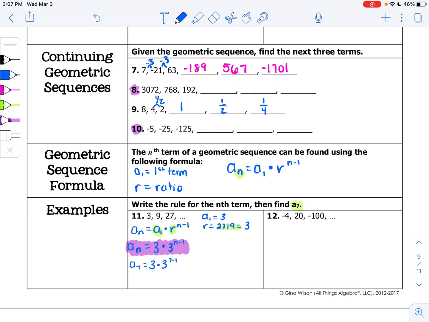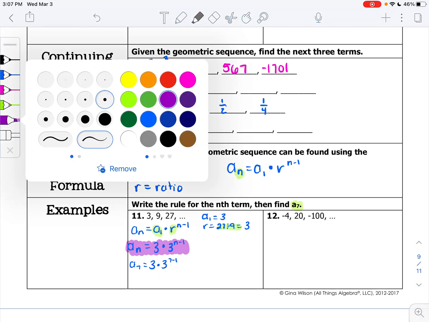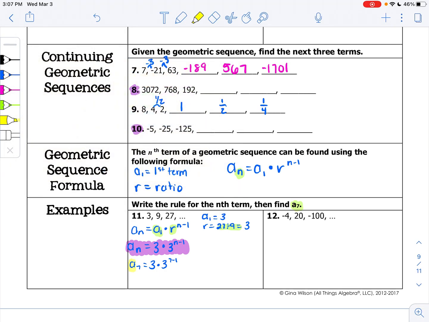As we solve it, the a sub 7 over here on the left doesn't really do anything. It's just a notation to show you that you're finding the 7th number in the sequence. So we're just solving the right side of our equation. So that would be 3 times 3 to the 6th, because 7 minus 1 is 6.